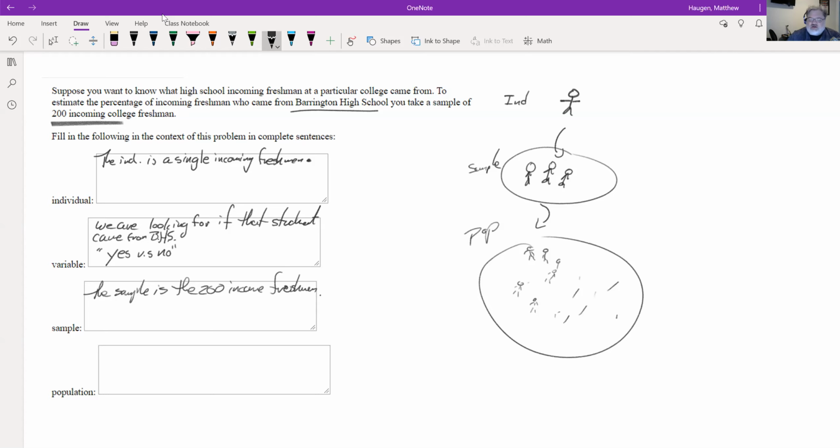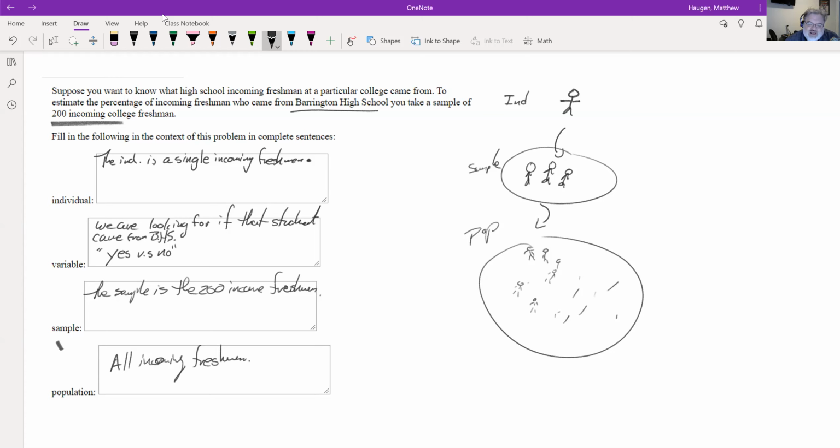Population, similarly, tended to go fairly well. So the population here is all incoming freshmen at that particular college.